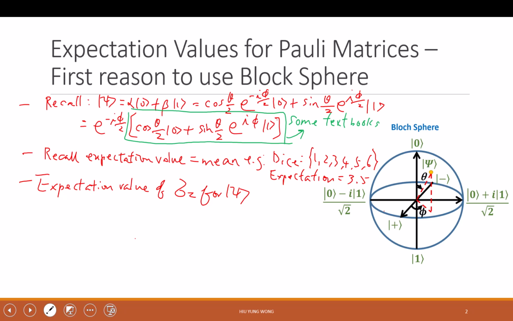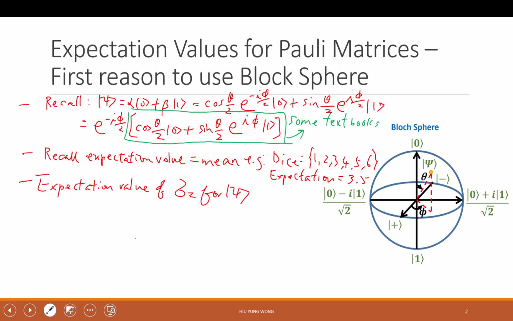And sigma z, I think we discussed earlier, although only briefly, when we talked about the Hermitian operator. Remember, I said the spectral value, and I used the spin measurement as an example. So the spin value can be up or down, so it can be +1 or -1.